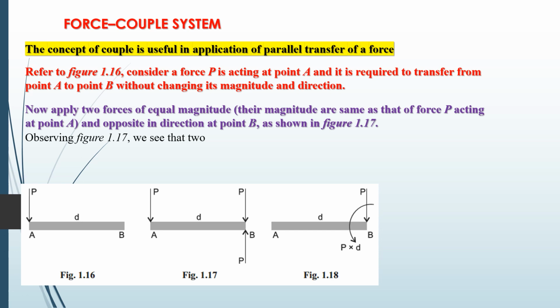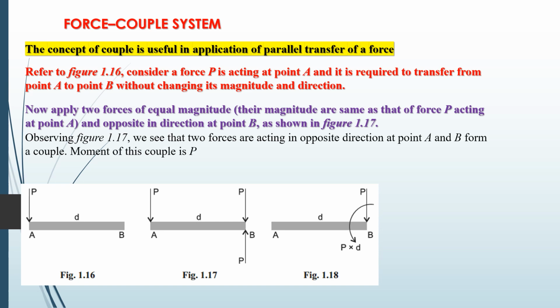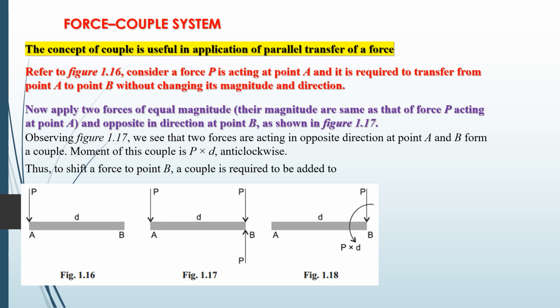Observing figure 1.17, we can see that two forces acting in opposite directions at point A and B form a couple, and the moment of this couple is P times d anti-clockwise. So, to shift a force to a point B, a couple is required to be added to the system.